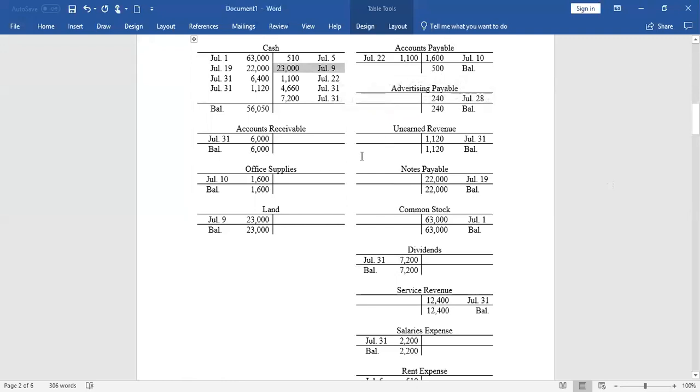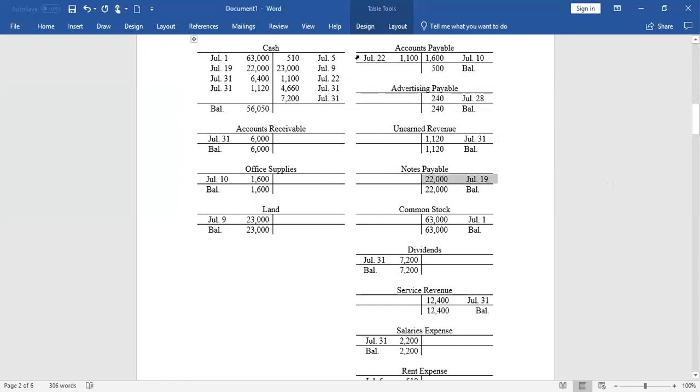The next transaction, on the debit side of office supplies, $1,600. On the credit side of the accounts payable T account, $1,600. The next was the debit side of cash, $22,000, sorry about that. And on the credit side of notes payable, $22,000.